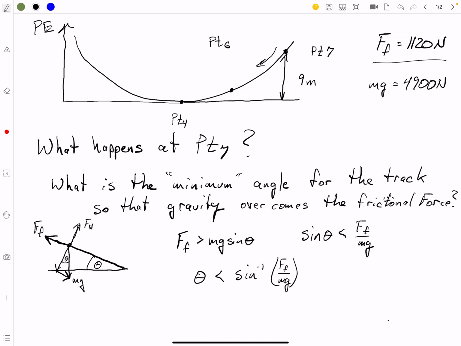So that equals the arc sine of 1120 over 4,900. So that means that theta is going to be less than 13.2 degrees.